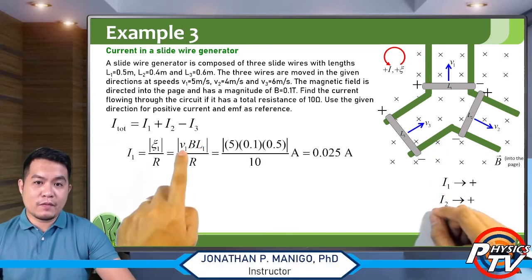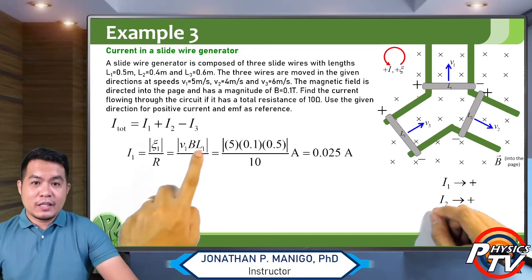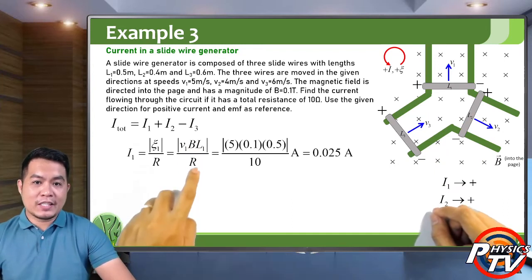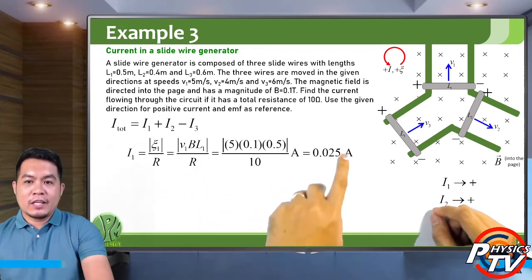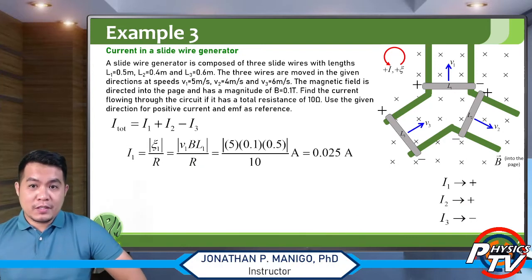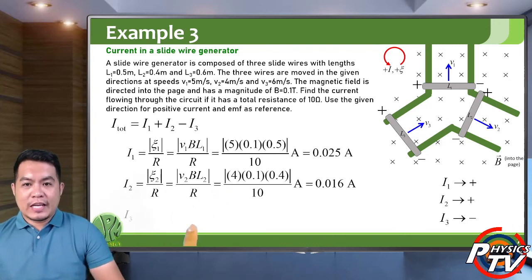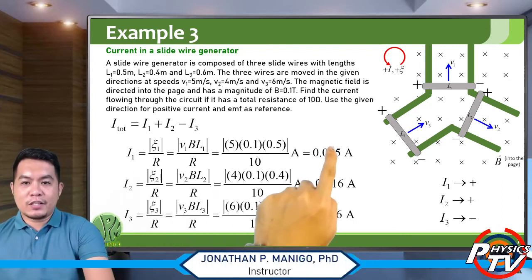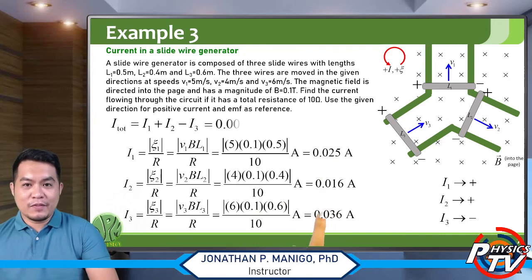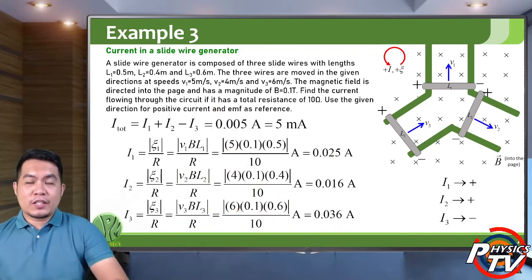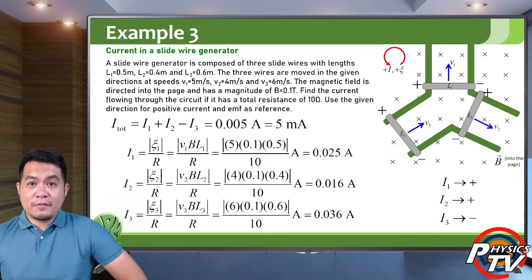Velocity of slide wire number 1, the magnetic field is constant, then the length of slide wire number 1 over the resistance. And you get 0.025 amperes or 25 milliamperes. Do the same for slide wire number 2 and slide wire number 3. So you add these two, you subtract I3, and you will get 0.005 amperes or 5 milliamperes.